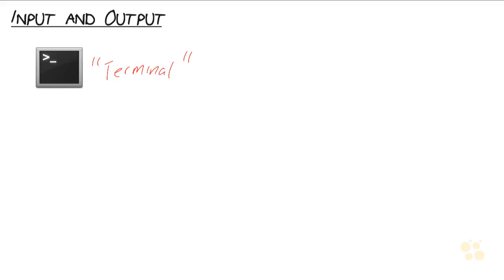So to begin with, to get information out of our program and onto the screen, we're going to use a command that you should already be familiar with, and that's the print command, or the print function. And remember, the print just takes whatever is here in between the parens and outputs it to the screen, or in our case it's going to put it into the terminal window that the application is running inside of.